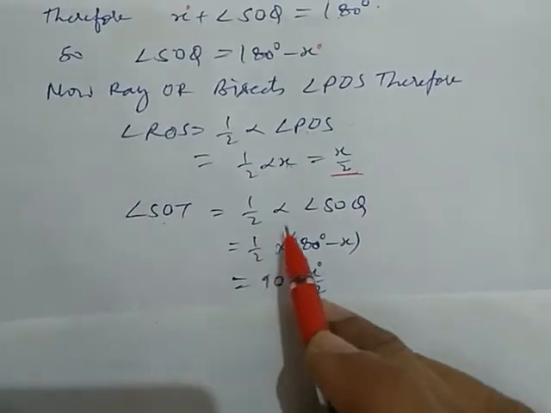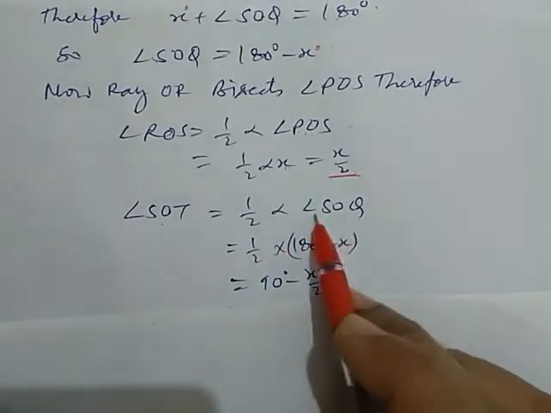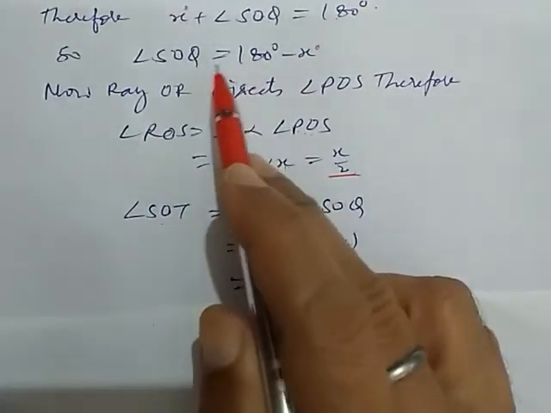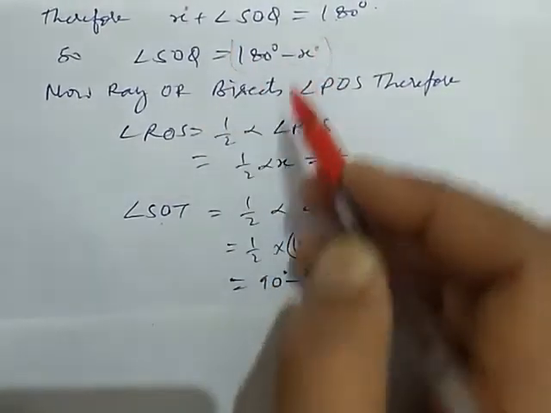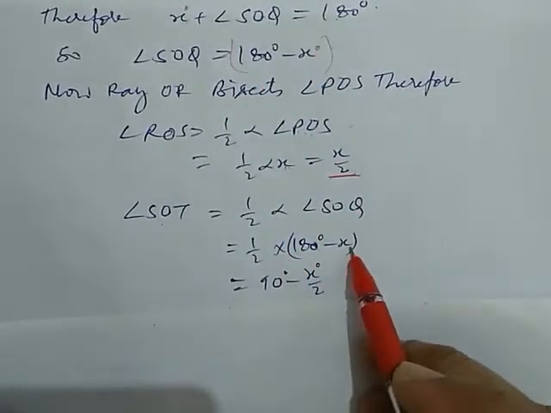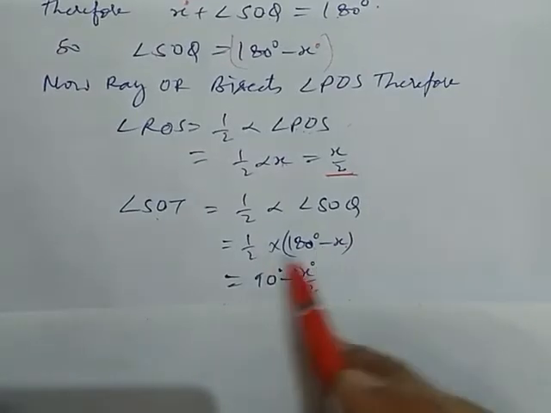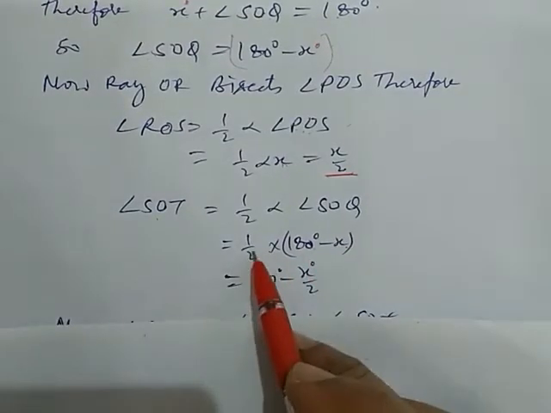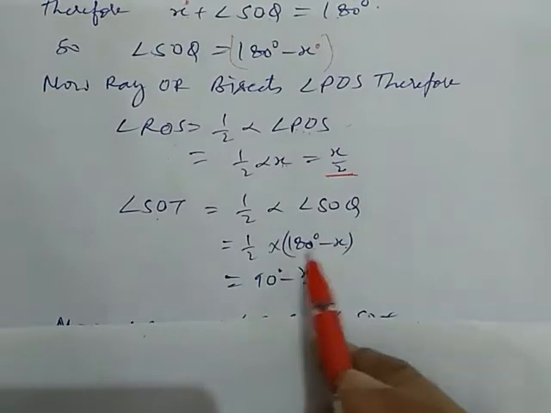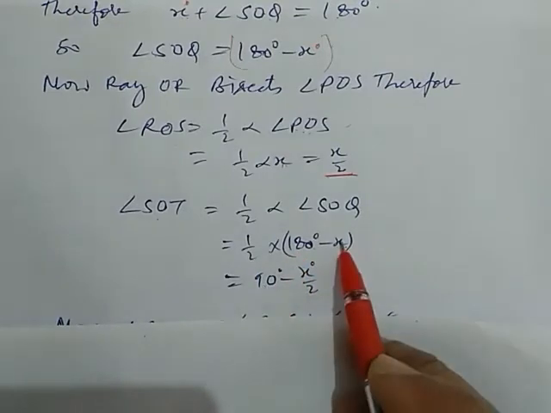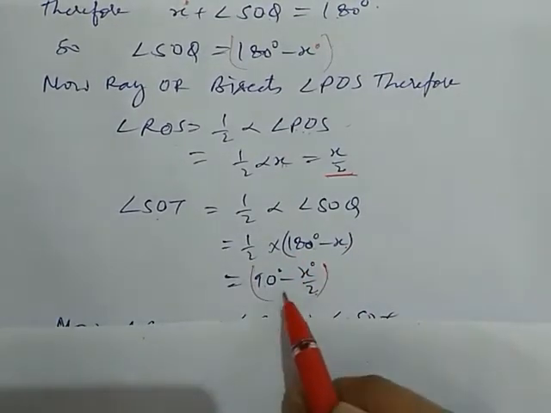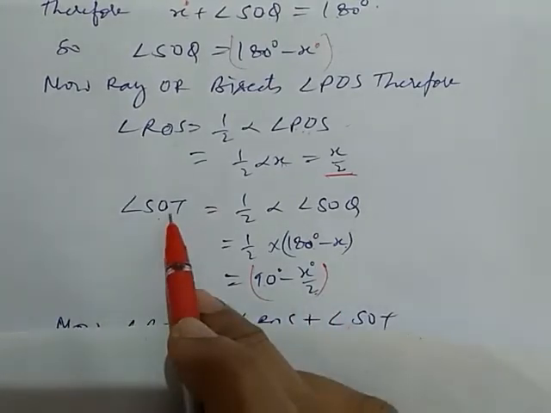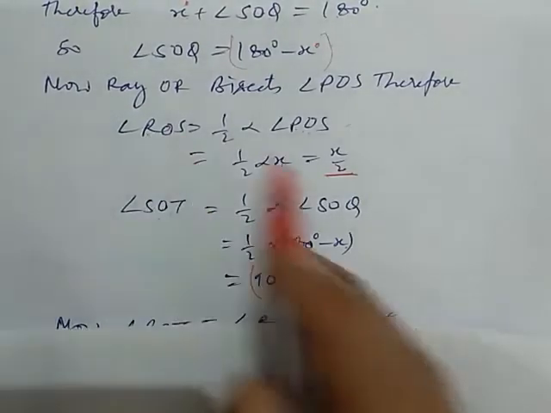Angle SOT is half of angle SOQ, and SOQ is 180 minus x. So we put 180 minus x here. Dividing by 2, 180 by 2 is 90 degrees, and this is x by 2. So we get 90 minus x by 2 as the value of SOT, and the value of ROS is x by 2.